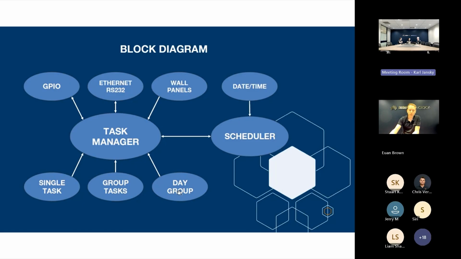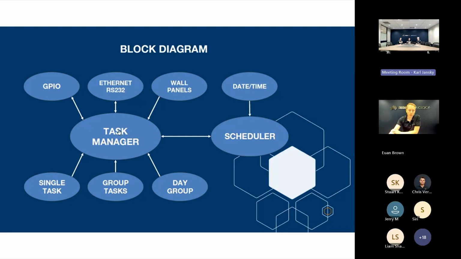And you can also create day groups, which we'll go into later. But ultimately, these actions are triggered by the task manager. The scheduler is the one component that is basically using time, that it's saying at this time, task manager, please run this task, please run this set of groups of tasks. So the scheduler is there to say to the task manager to do something.